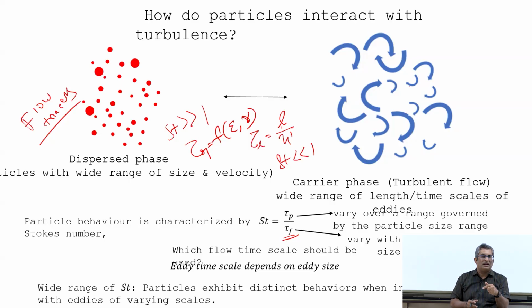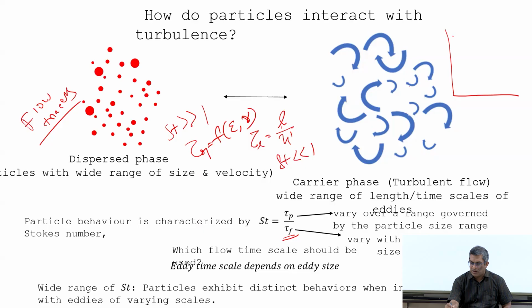Because we know that even if we have absence of any mass and heat transfer, the momentum coupling is always there. So the particles can influence the turbulence. How? They can modify the turbulence power spectrum itself.